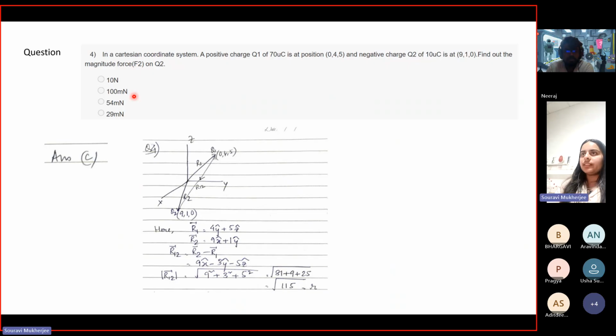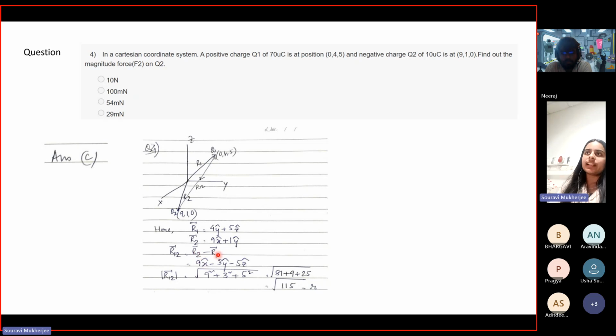So basically what it is telling you is you have an R1 vector, where you have the Q1 charge, and you have an R2 vector where you have the Q2 charge. Now it is said, what is the force on Q2? Okay, force on Q2 due to Q1. So you have to find R12, which is R2 minus R1. So R2 is your charge on which you have to find the force.